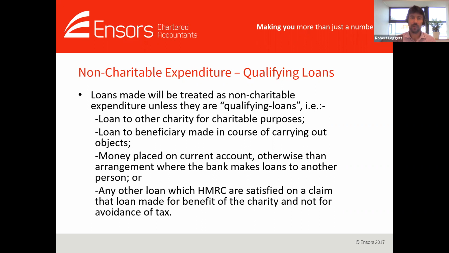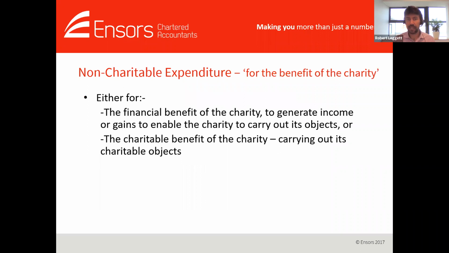Or otherwise, for any other loan, HMRC have to be satisfied on a claim that the loan is made for the benefit of the charity and not for the avoidance of tax. And that really means that it has to be made for the financial benefit of the charity to generate income to enable you to carry out your objects.